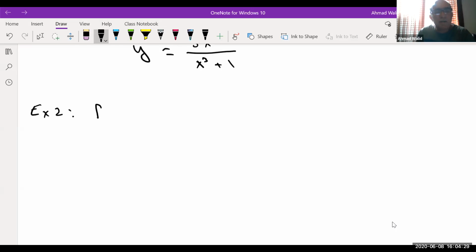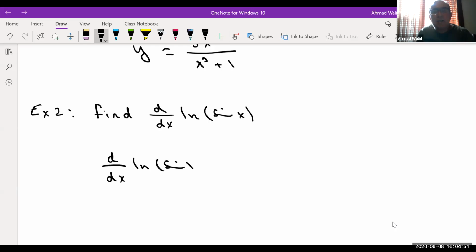Find d over dx of ln sine x. Now, d over dx of ln sine x equals 1 over u.